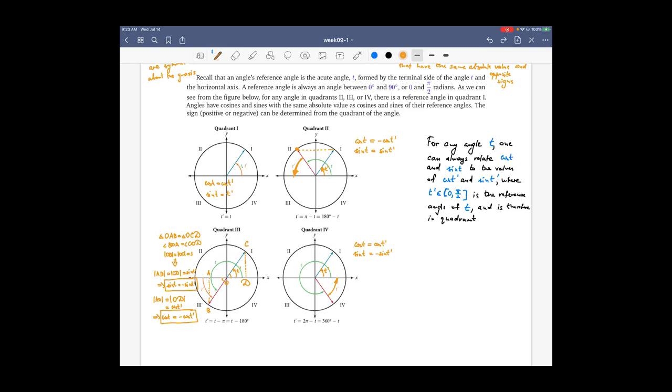Note also that the difference is always by a sign. So we always have the absolute values of cosine t and cosine t prime equal. And we always have the absolute values of sine t and sine t prime equal. They can only differ by a negative sign.